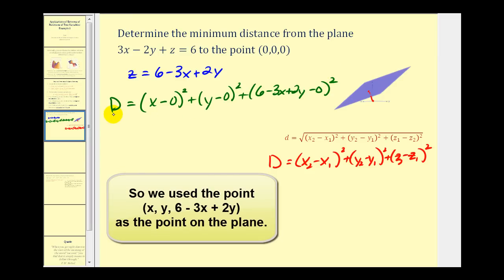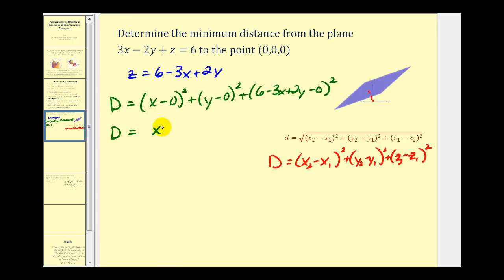So now we have a function big D in terms of two variables, x and y. Let's go ahead and clean this up a little bit. So we'll have big D is equal to x squared plus y squared plus (6 minus 3x plus 2y) squared.